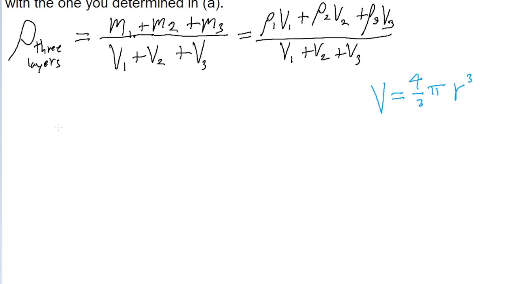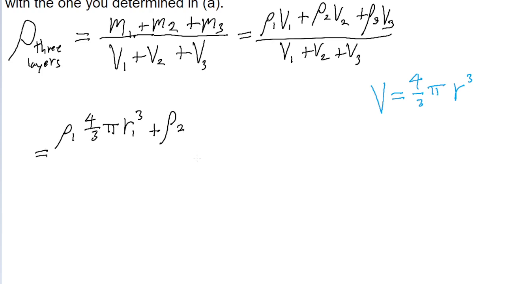So we can account for that in our formula to get rid of the unknown v's. So instead of writing v1, we can write rho 1 multiplied by 4/3 pi r1 cubed. And I'm assuming that the 1 subscript refers to the inner core, which is basically a ball shape. Now let's do the same thing for rho sub 2.